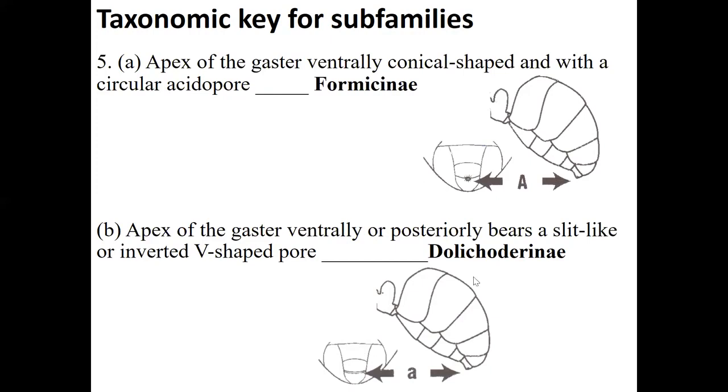Then the specimen is a dolichoderine member. You might wonder why I said V-shaped pore. When drawing this, it's almost horizontal, but when you see it, it could be V-shaped, mostly V-shaped.